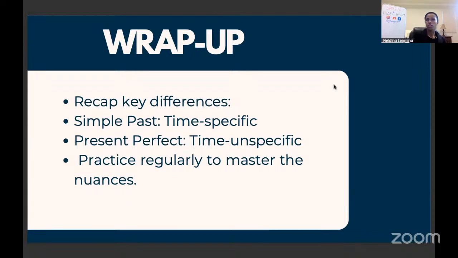So we are going to do just a short recap of the key differences between simple past and present perfect. Pretty much the key difference is that with the simple past, you connect to when the action happened.